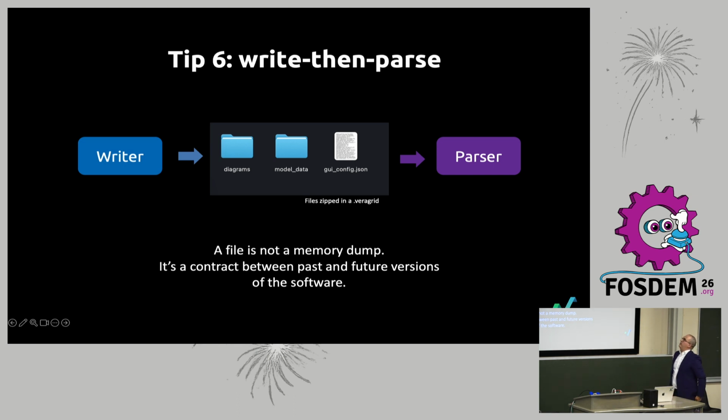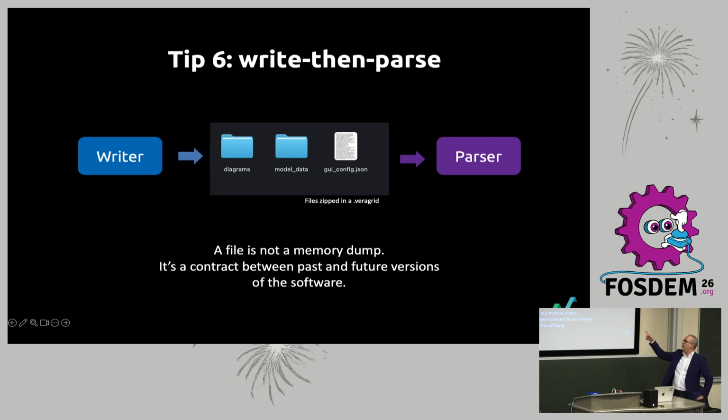Then about files. A file is whatever is in the memory of a program, saved to disk. That's the simplest way of thinking about it. But then, what I say is that this file, usually a memory dump, is a contract between past and future versions of the software, right? So I say, write, then parse. I take my memory, whatever is in the program, I make an interpretation, I save it to disk.